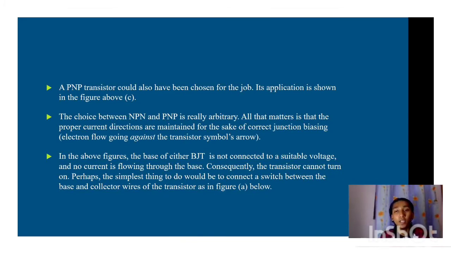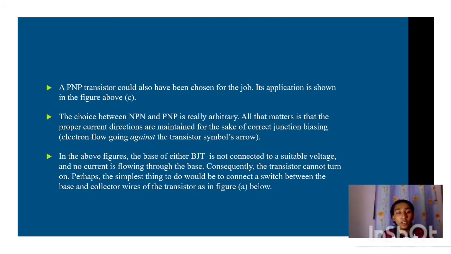Its application is shown in the figure above. The choice between NPN and PNP is really arbitrary. All that matters is that the proper current directions are maintained for the sake of correct junction biasing.